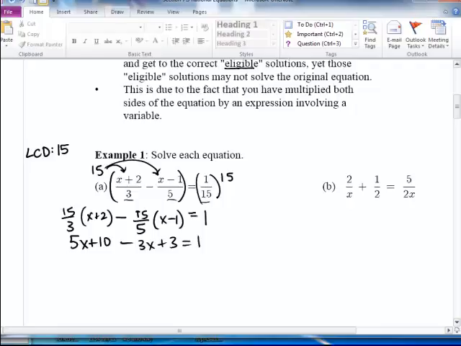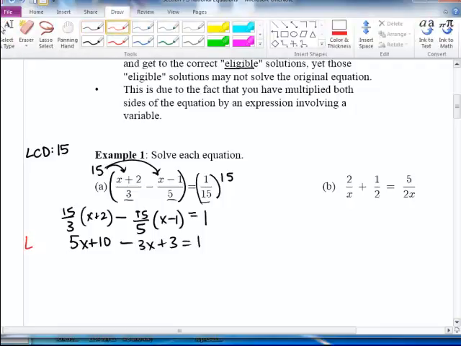The equation we're left with here is linear because we don't see any x squared or x cubed. When we have a linear equation, we want to get like terms together. So we'd have 2x plus 13 equals 1, and then subtract 13 from both sides. 2x is negative 12, so x would be negative 6.